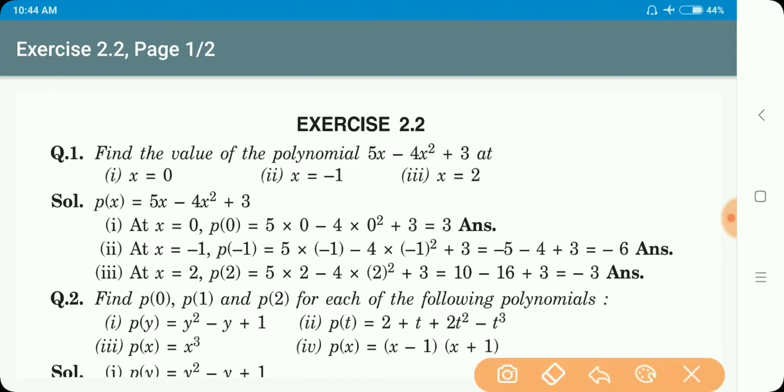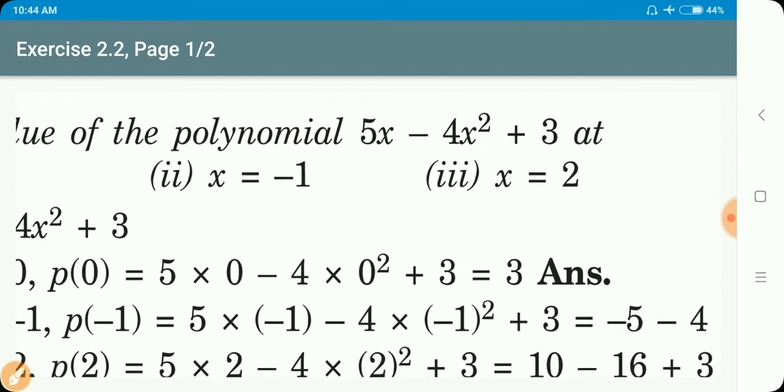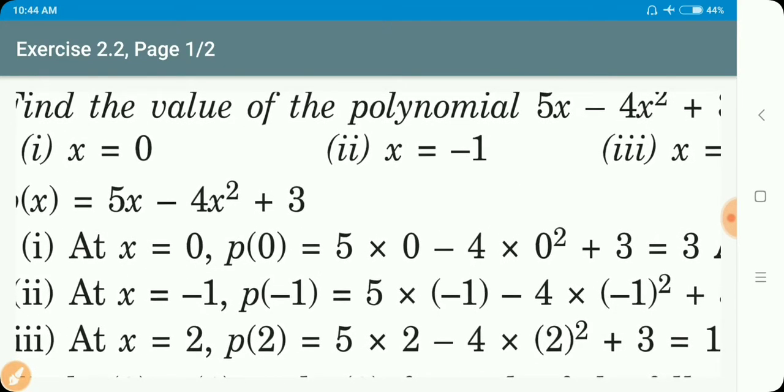So if we are thinking x is equal to 0 in your first part, this is the required polynomial. So you put here x is equal to 0.